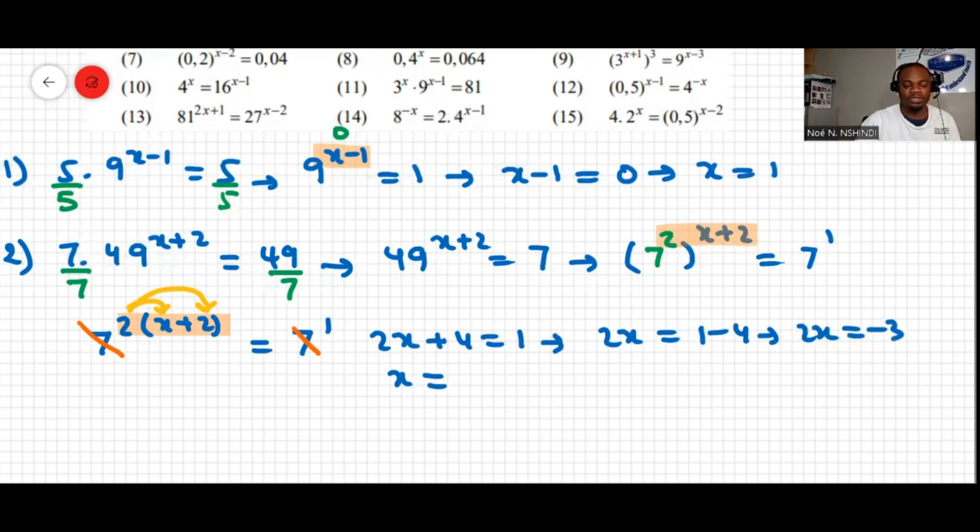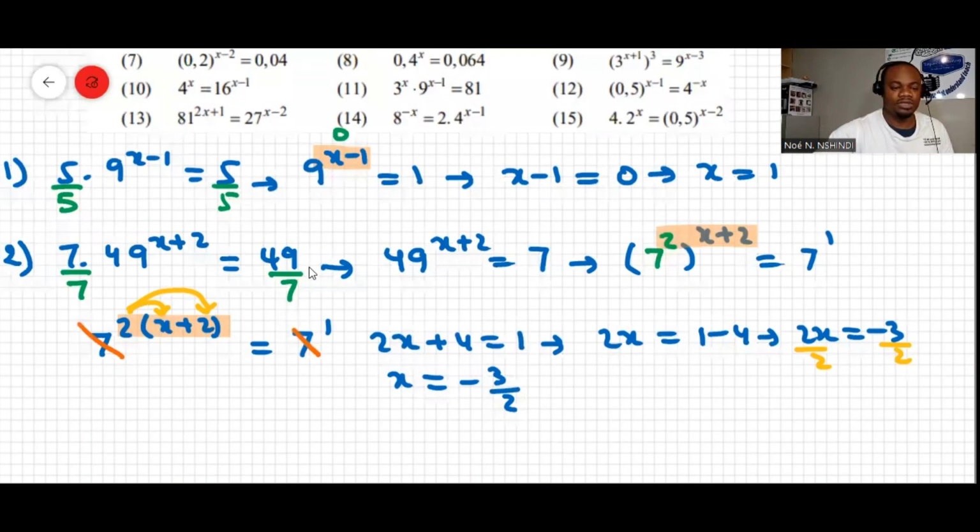And then if 2x is equal to -3, then to get x, we will divide by 2 and then by 2 there, and then we get x is equal to -3 over 2. So yeah, that was question 2.